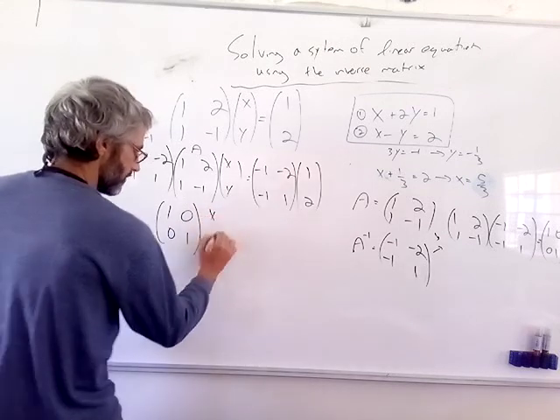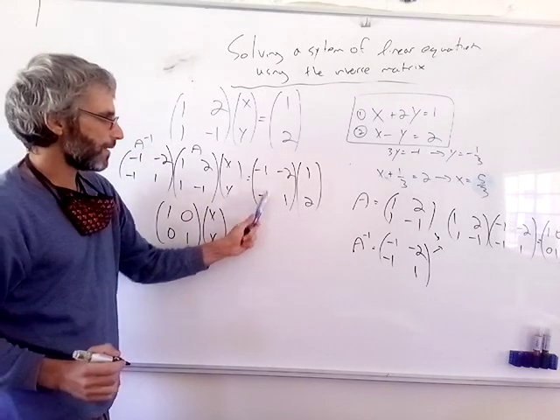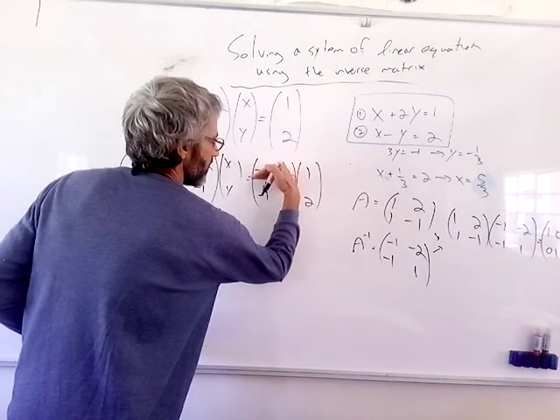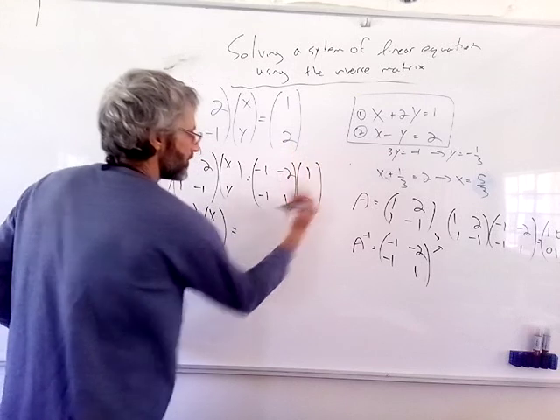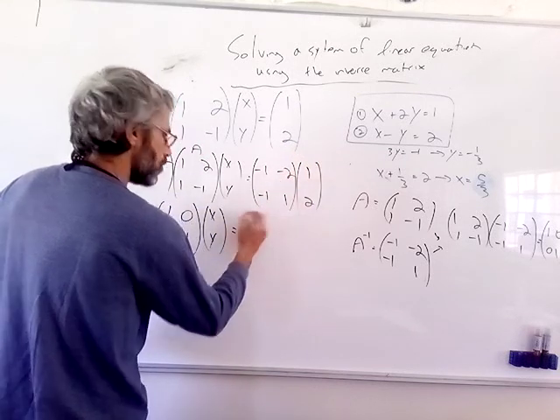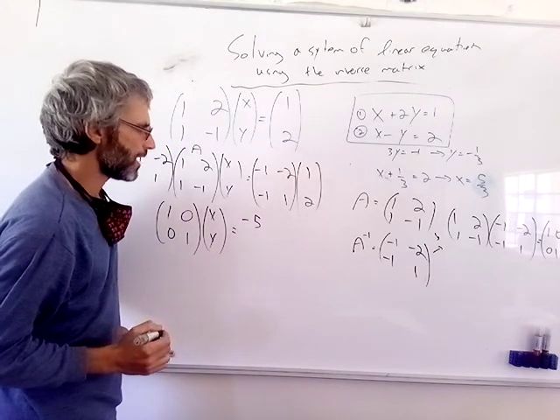Okay, now what we've got to do here is multiply this row by this column. Minus 1, minus 4, it should be minus 5, I think. Minus 1, minus 4 is minus 5.